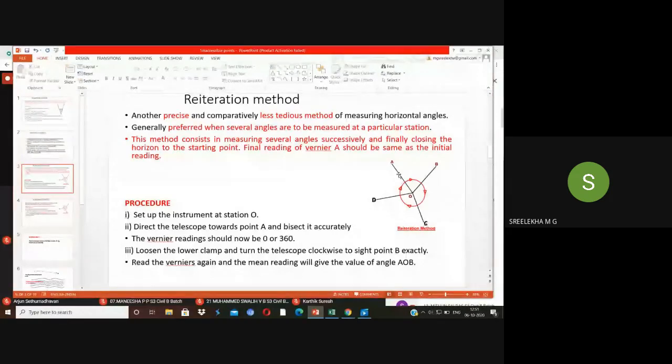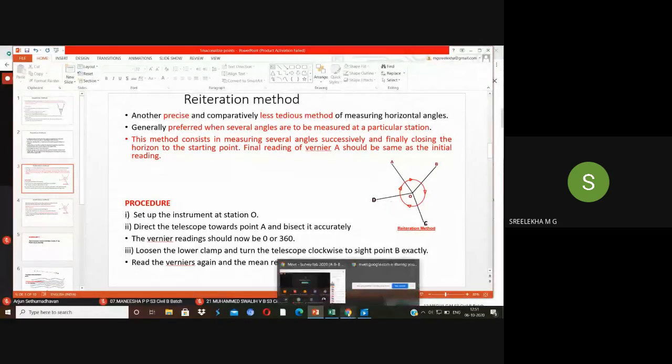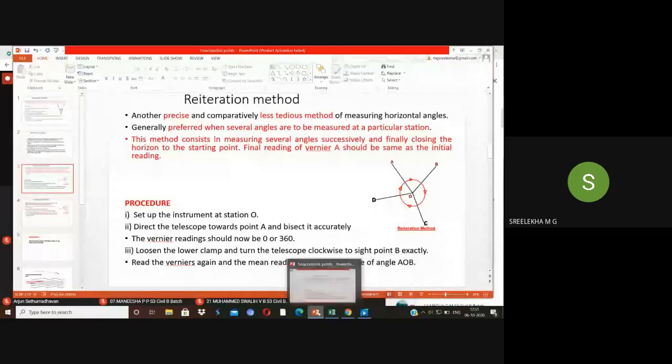So what is the error? 40 minutes. So 40 divided by how many angles can we distribute here? It is 4. 40 minutes by 4, it is 10 minutes. So we'll have to add this 10 minutes to each of these 4 angles. So that will be the corrected angle. I think you have got what is the difference between repetition and reiteration method. Okay, so next we can go to our problem.